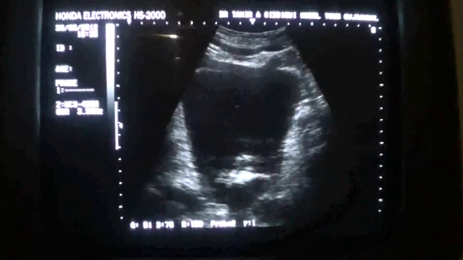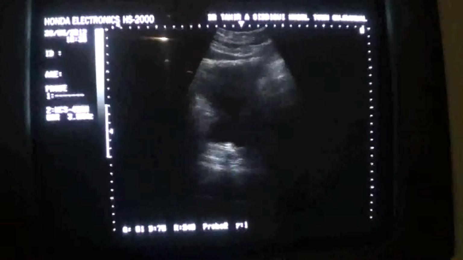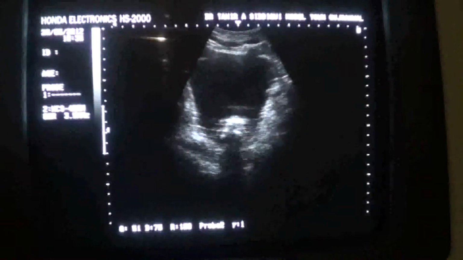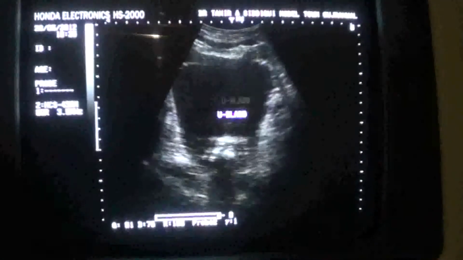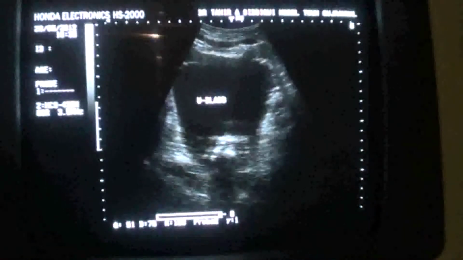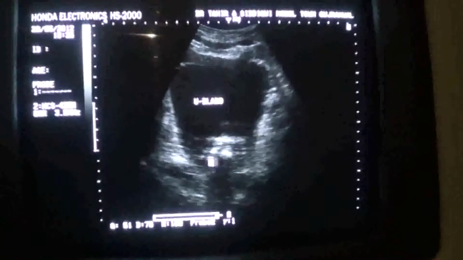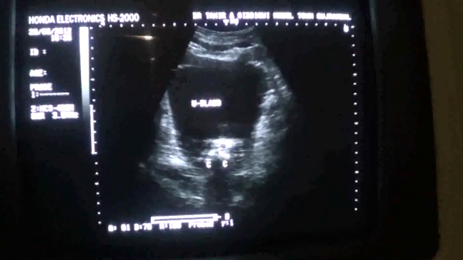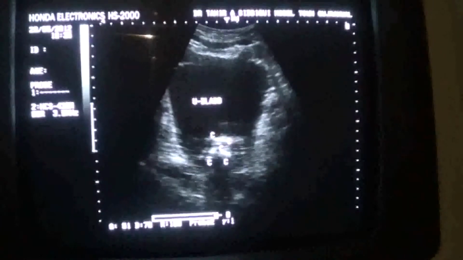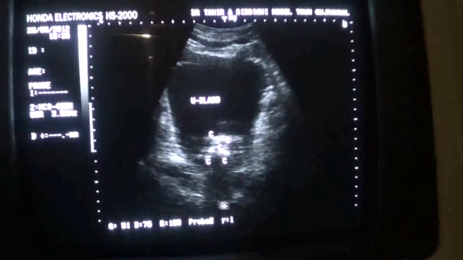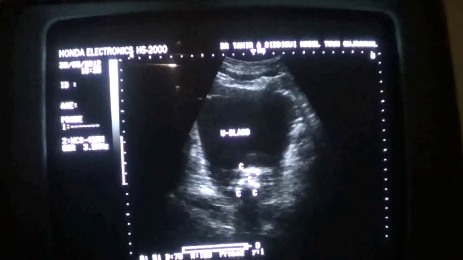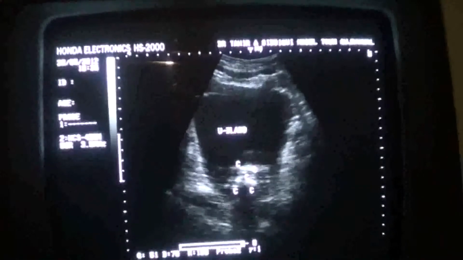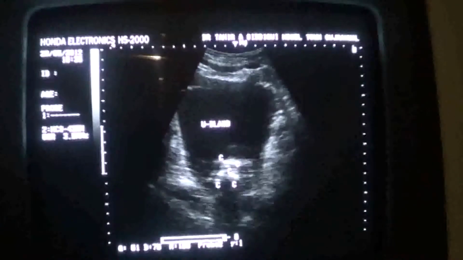This is the urinary bladder in which you are seeing a lot of echogenicities. These are calcifications or clot formation. They are giving posterior shadowing, so most probably these are calculi. However, the possibility of clots cannot be ruled out, keeping in view the history of the patient.